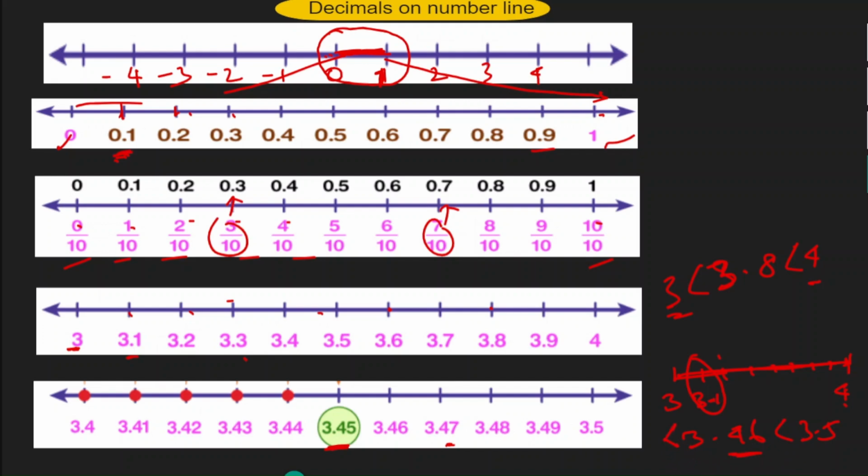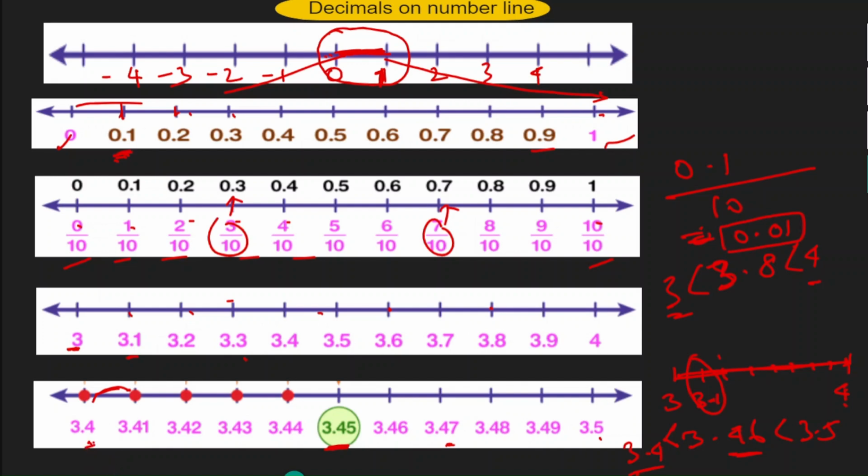So we have to divide the number line between 3.4 and 3.5 into 10 equal parts, and then we will increase each part by adding 0.01. Because 0.1 has been divided into 10 equal parts, each part is going to be added with 0.01 unit.